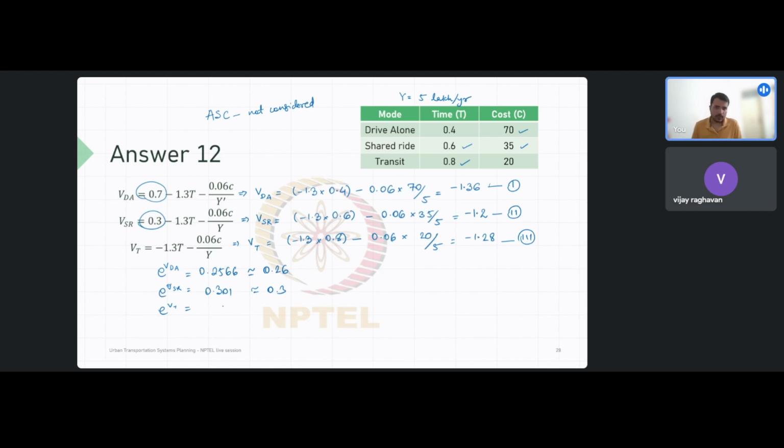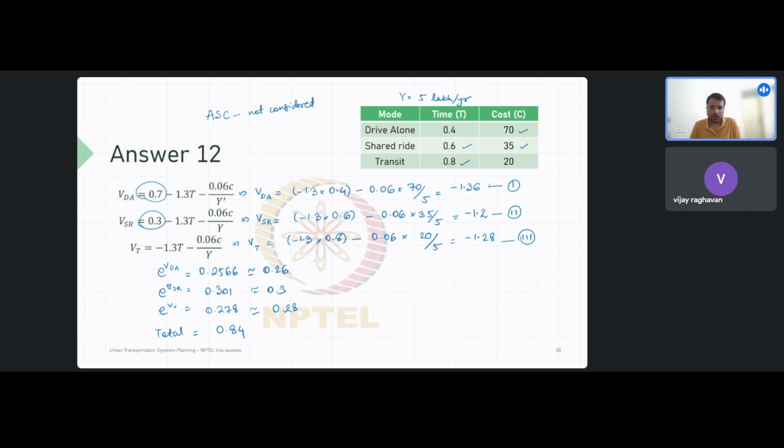Finally, we have transit. So minus 1.28. That will give 0.278, which is 0.28. Now we can take the total, which will be 0.26 plus 0.3 plus 0.28, 0.84.